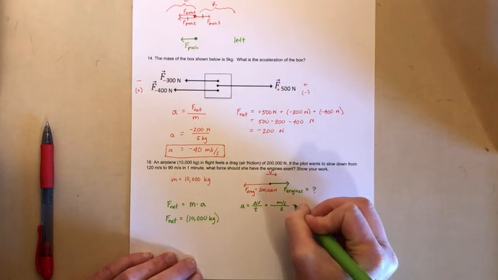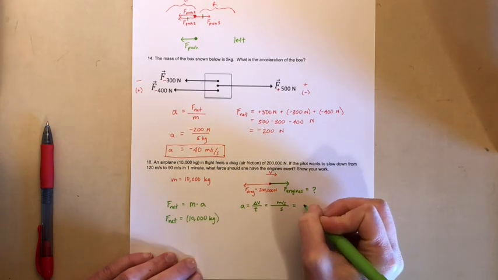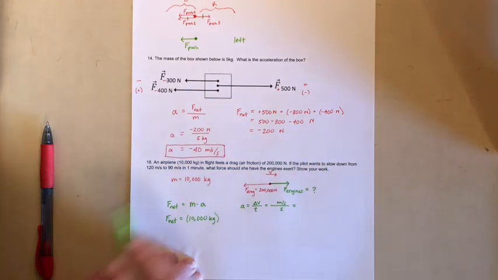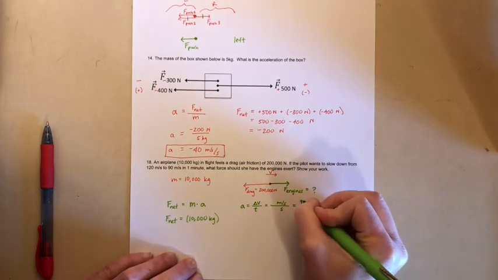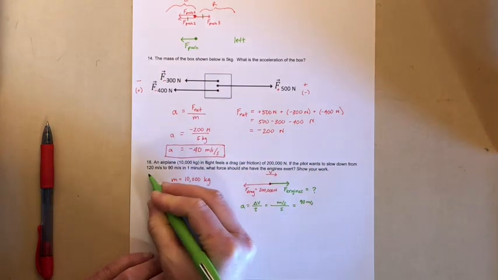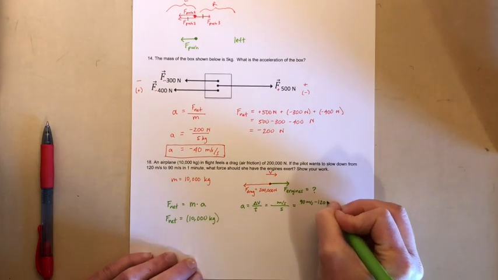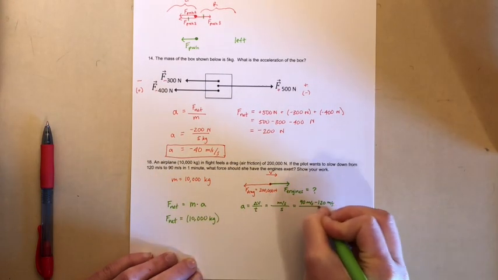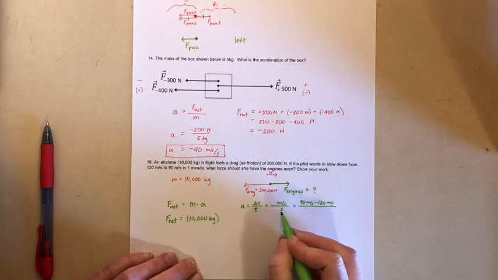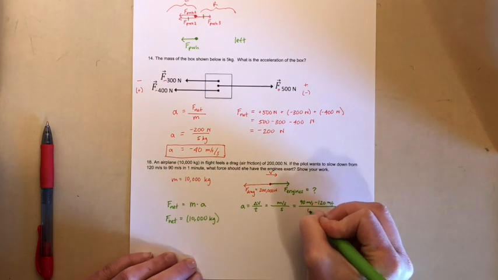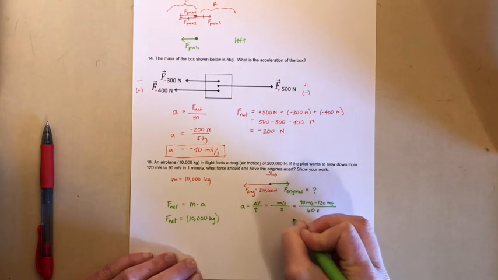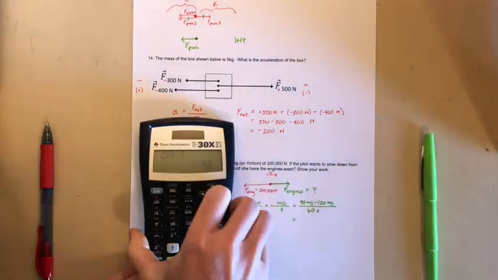So to calculate the acceleration, I'm going to take their final velocity, which is 90, subtract their initial velocity, 120, and then divide by the amount of time in seconds. So it was given in 1 minute, but we know 1 minute is 60 seconds. So we'll do that calculation real quick.